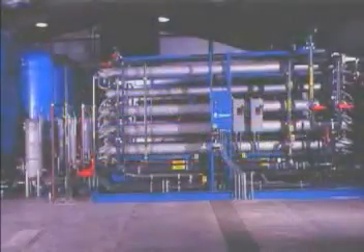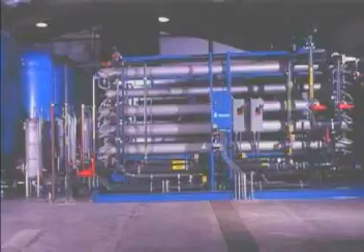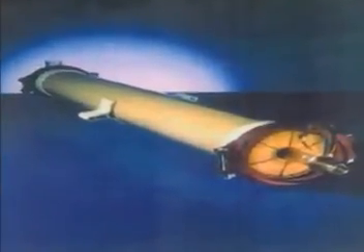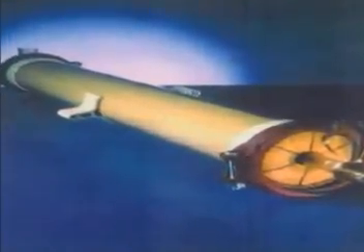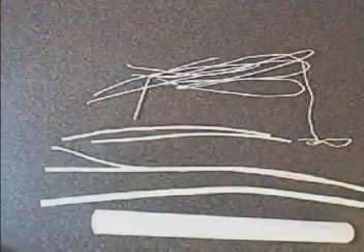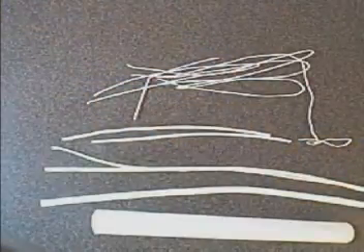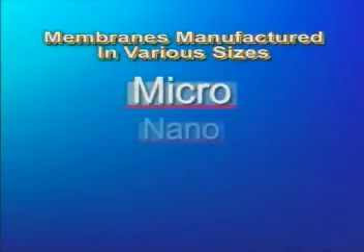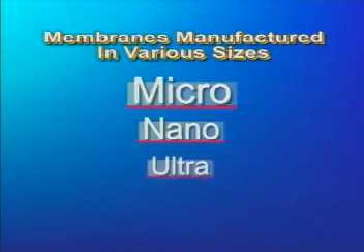Another type of chemical-free filtration is membrane filtration. The membranes are manufactured hollow fibers. The fibers can be made to various pore sizes. Depending on the nominal pore size, the particular type of filtration is referred to as micro, nano, ultrafiltration, or reverse osmosis, RO.